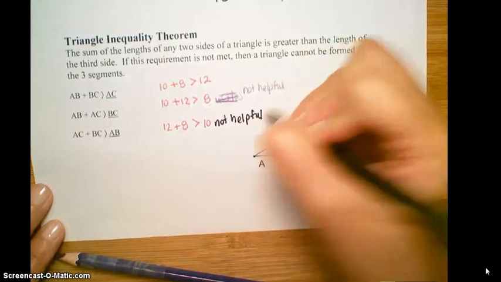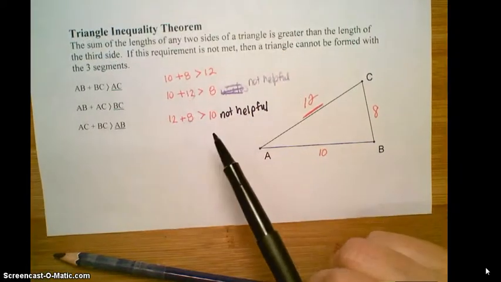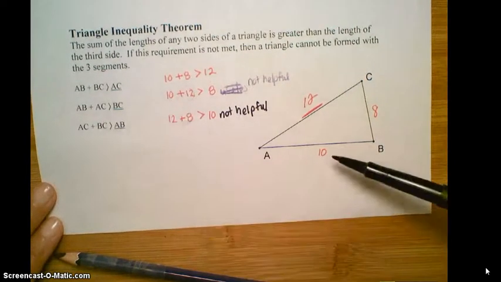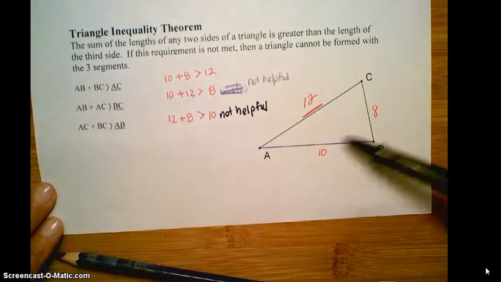So what it boils down to, the quickest check, you'll notice 8 and 10 are the two smallest sides of the triangle.